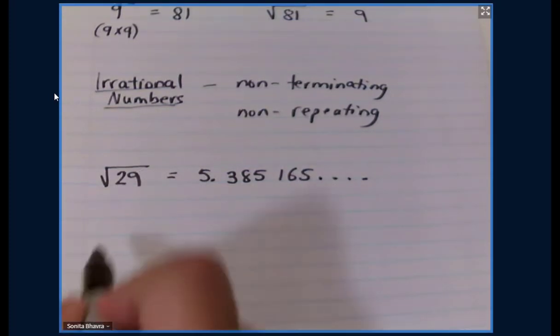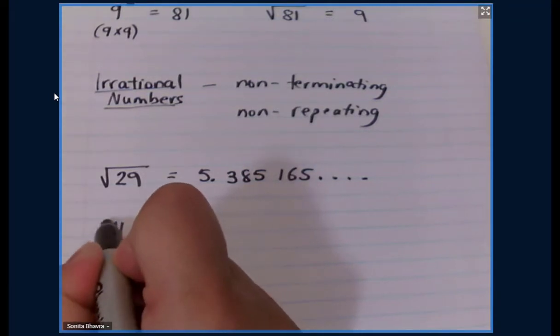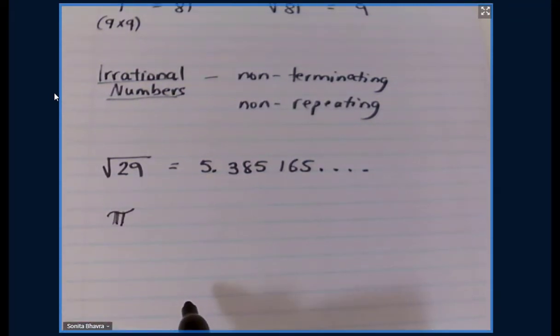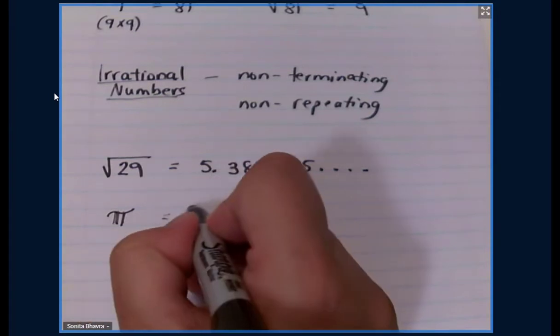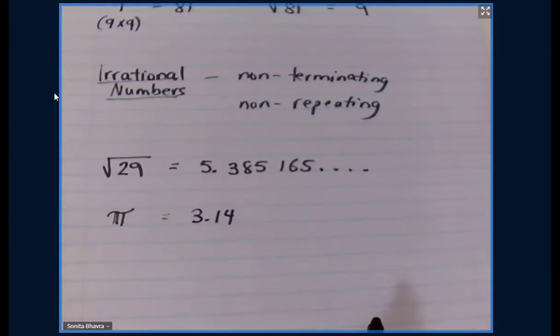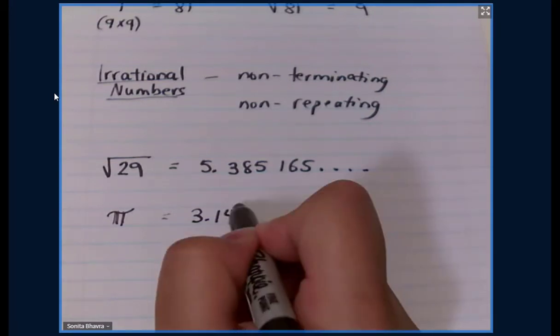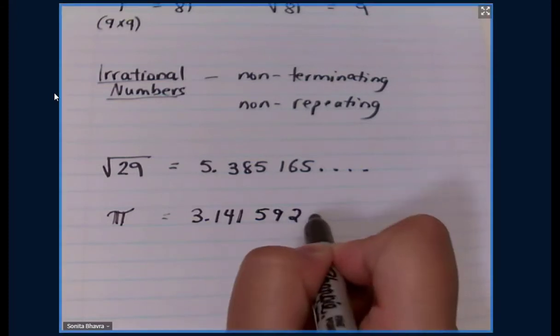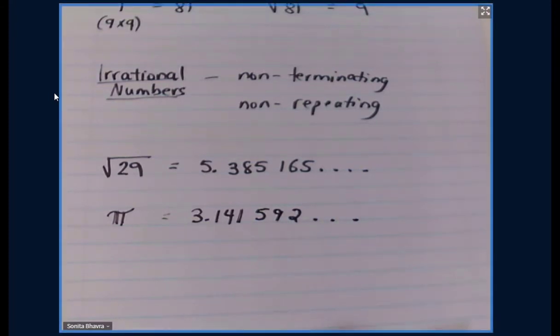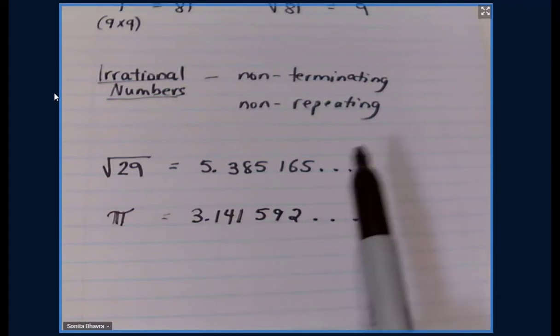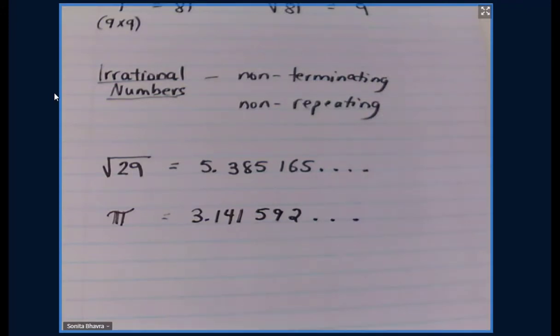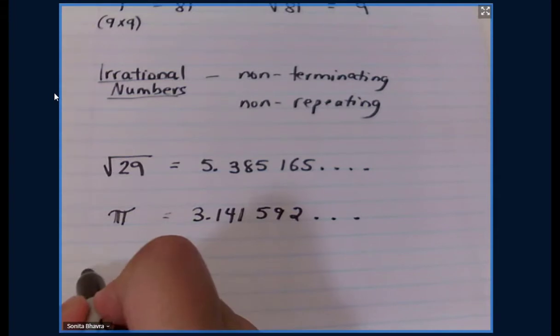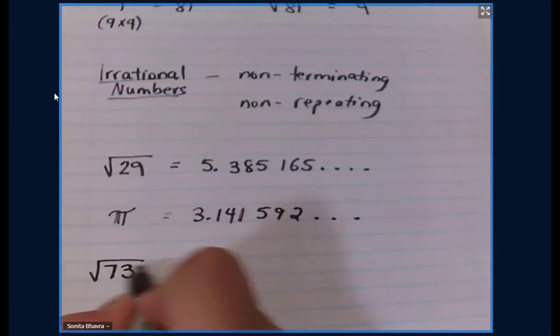Pi, that you have used when working with circles, is also an irrational number. It is a number that we're familiar with. We use 3.14, but it does continue on forever, and it doesn't repeat. The numbers don't repeat. So again, it's a non-repeating, non-terminating number. Another example is the square root of 73.